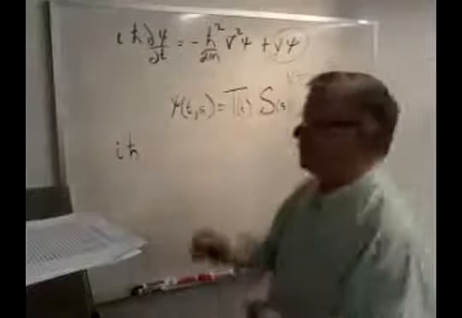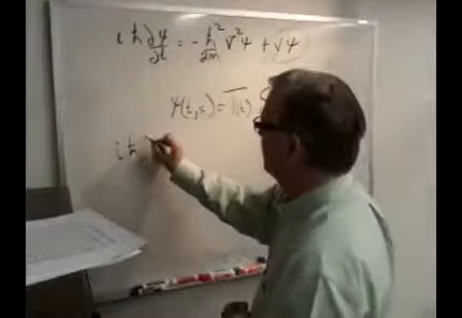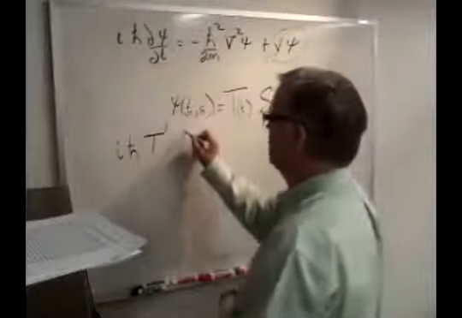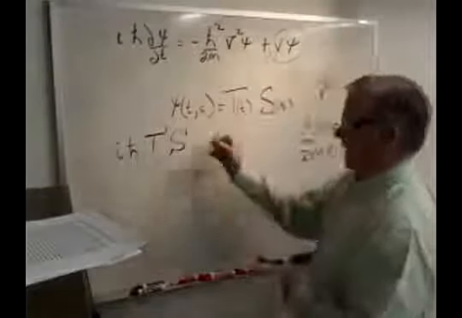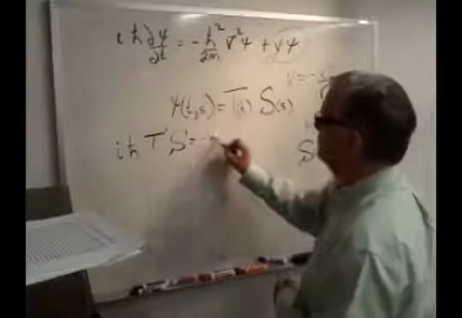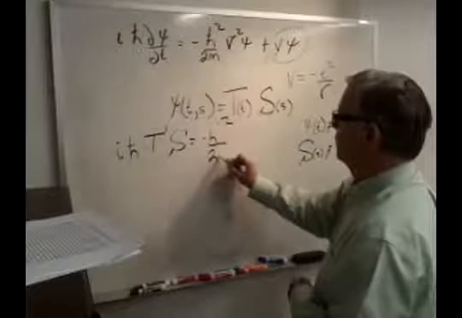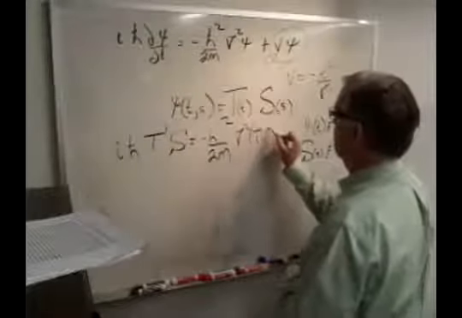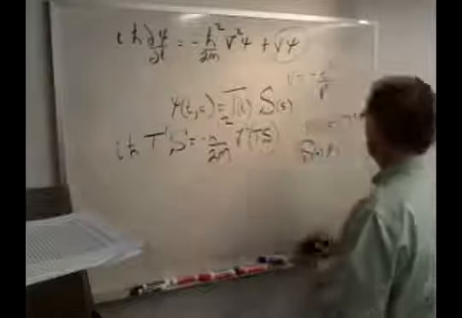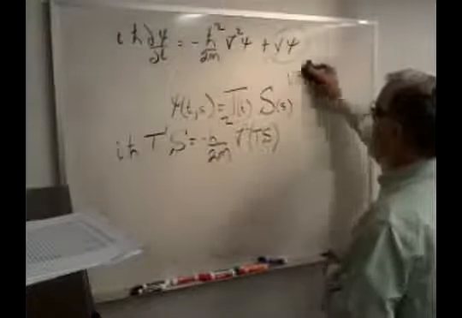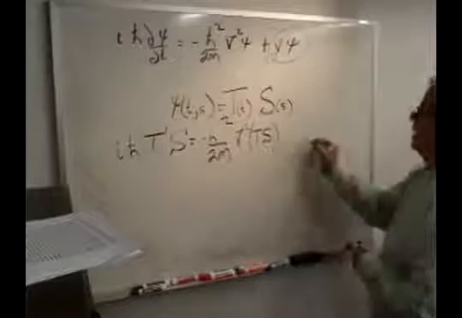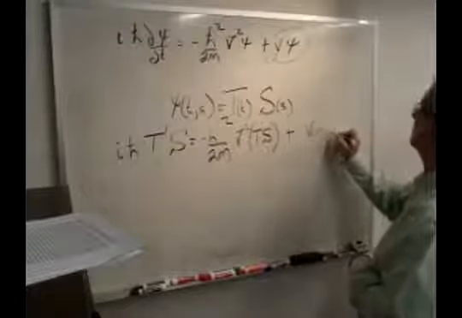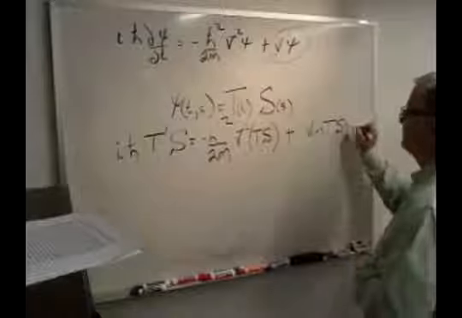I'm going to just simply write T prime, meaning that's d by dt of the dependent variable, times S, equal to minus h bar squared over twice m del squared of the bracket TS plus V as a function of r times TS.